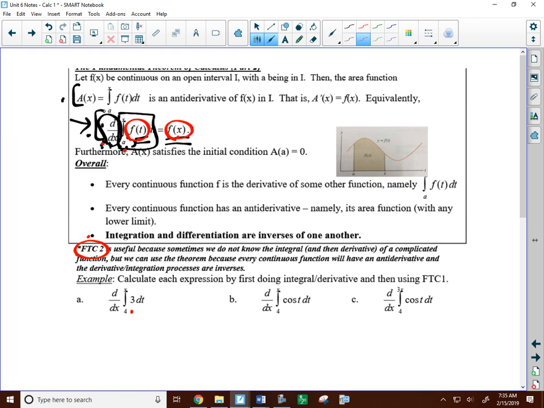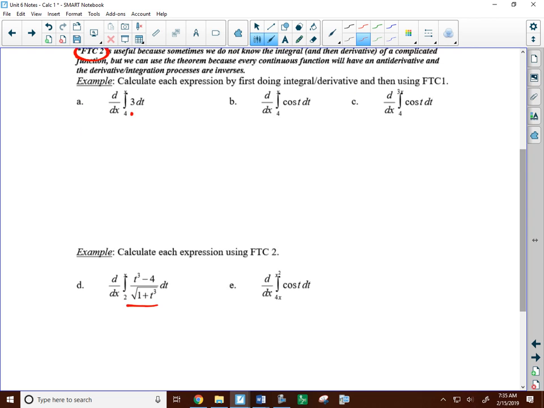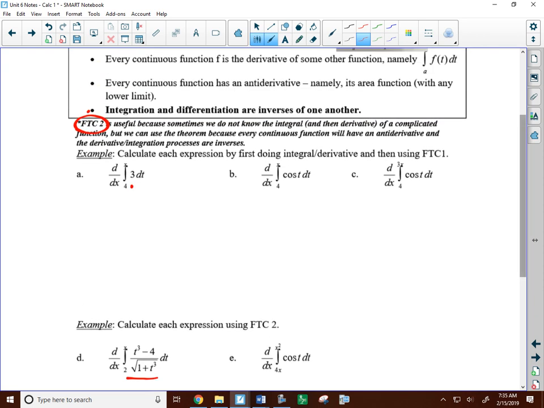So like, we'll look down here, like this one. I'm not going to know that integral. And so we can use FTC2 to help us out. Because these processes are inverses, we can use FTC2 to help us out, even if we sometimes don't know the antiderivative.